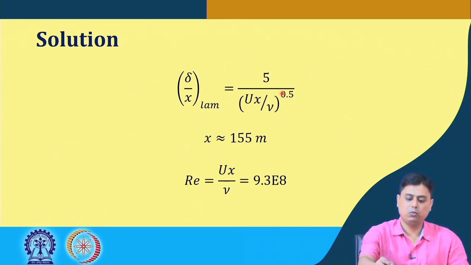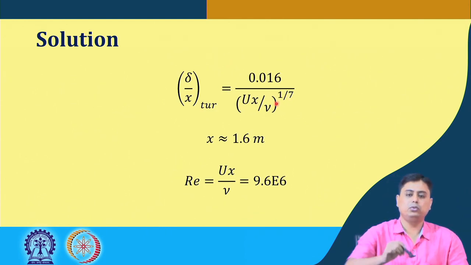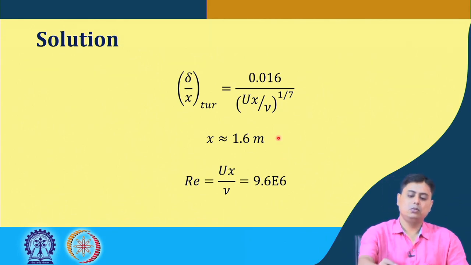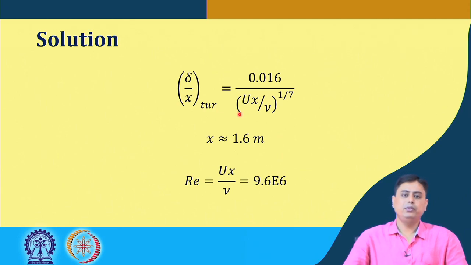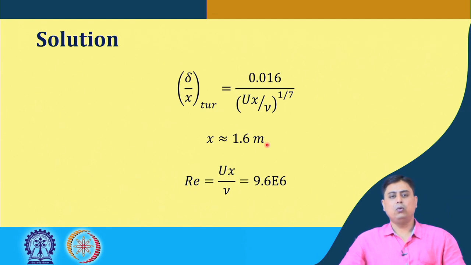Here the expression has Reynolds number to the power 1 by 7 in the denominator, instead of the power half. By replacing the numerical values, we find that x is numerically equal to 1.6 meter, which is logical and makes sense.